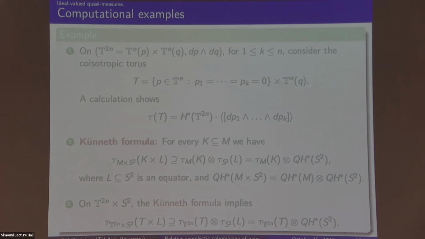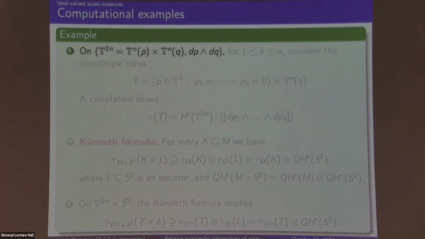Let me show you some computational examples. On the 2n torus with the standard symplectic form, we can take an integer k between 1 and n, and consider a quasi-tropic torus T for which the first k coordinates are 0.